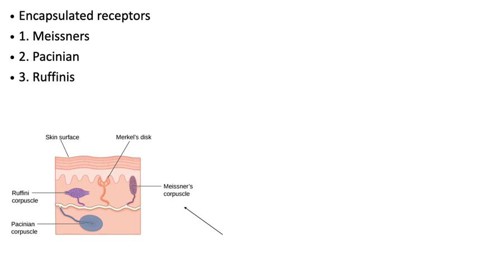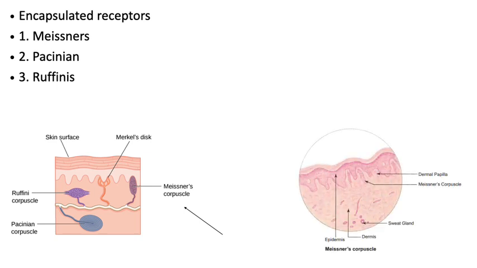Then there is the Pacinian corpuscle. Pacinian corpuscle is found in the dermis and it is also present in ligaments and joint capsules. It is typical, it resembles a sliced onion. It has many lamellae, concentric lamina, and is sensitive to pressure and vibration. Found in the dermis. See this?